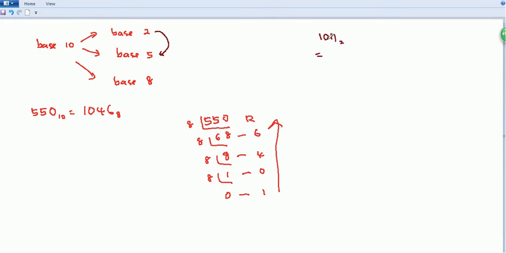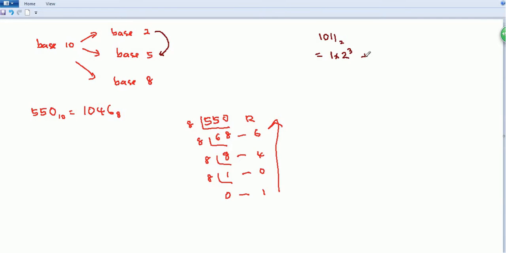So to change the base 2 number to base 10, remember the digit multiplied by its place value, because this is base 2. So 1 multiplied by its place value will be 2 to the power 0, 2 to the power 1, 2 to the power 2, 2 to the power 3.